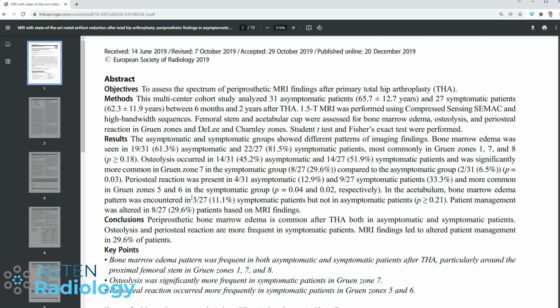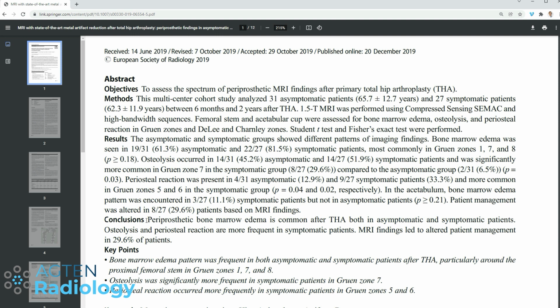It's a very nice article and a nice study, and I just want to show you a couple of things. So the conclusion basically is periprosthetic bone marrow edema is common after total hip arthroplasty in asymptomatic and symptomatic patients. That means in the first postoperative year you will see some bone marrow edema around the prosthesis in asymptomatic people as well.